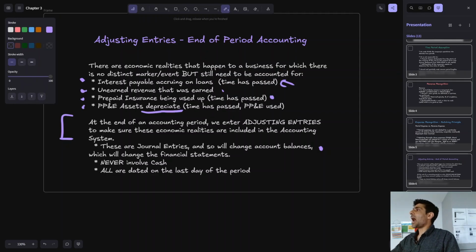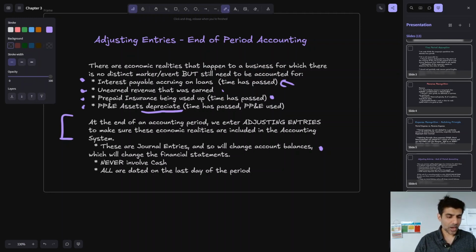We're going to have some revenue that we recognize. That increases our revenue, so it changes our income statement. It also reduces this liability, so it changes our balance sheet. Every time we make these adjusting entries, they're changing balances and altering our financial statements. So they're actually changing our accounting system.